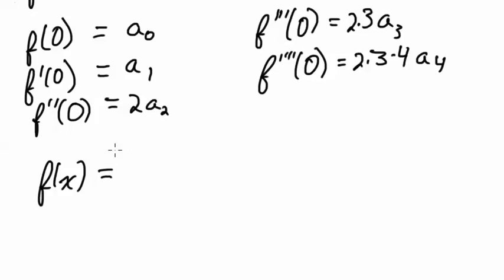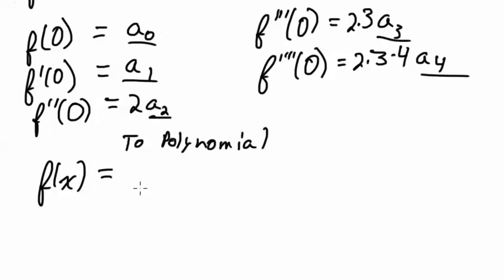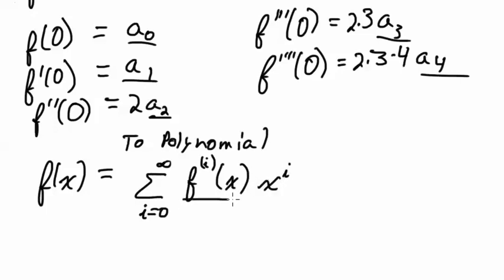We can turn it into a polynomial by calculating each of those terms, a0, a1, a2, a3, a4, and it comes out that basically we will take an index i equals 0 to infinity, and it will be the ith derivative of x times x to the i power divided by i factorial.